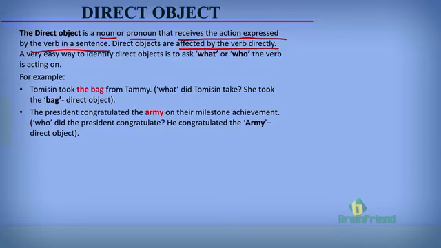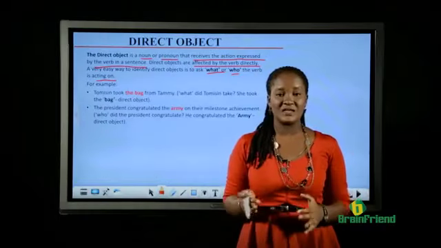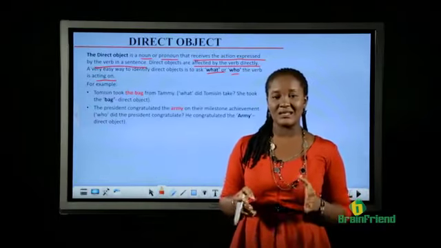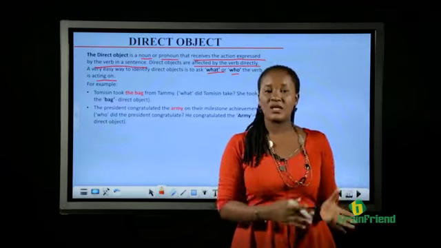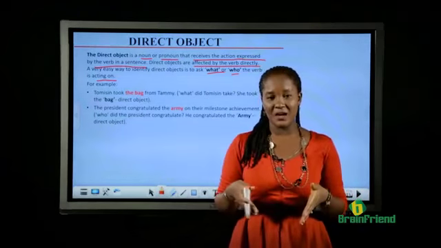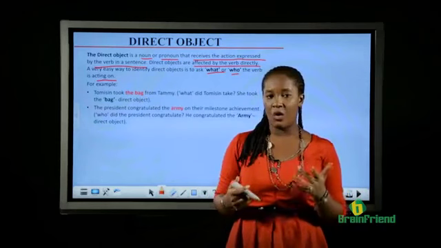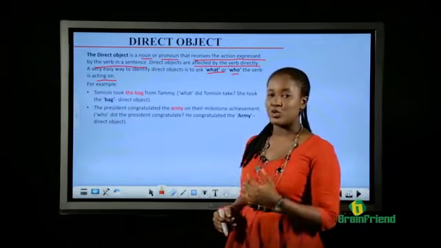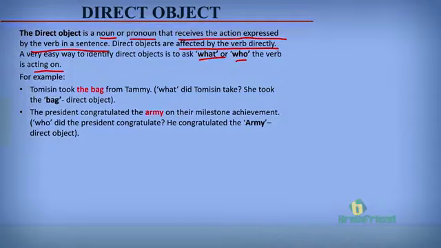A very easy way to identify direct objects is to ask what or who the verb is acting on. So when you want to identify direct objects in a sentence, you simply ask what or who the verb is acting on. Now let's look at these examples to illustrate what we mean.